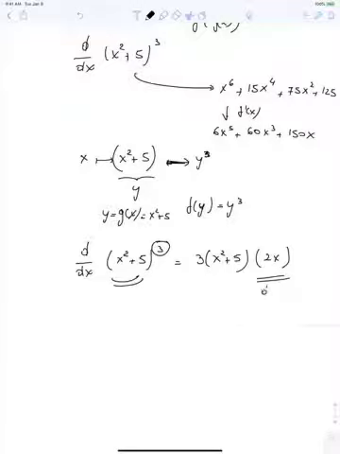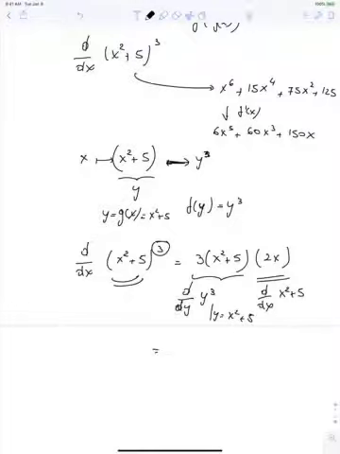So this one here is the derivative of x squared plus 5. This one here is the derivative, dy, of y cubed, where y is equal to x squared plus 5. So if we do the math, sorry, I forgot a square here. So the derivative of the cube is 3 times this function here, power 2, 3 minus 1.